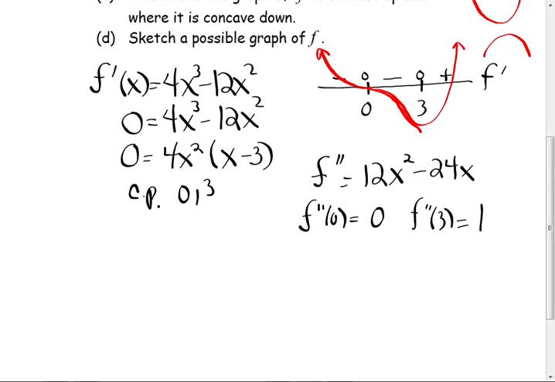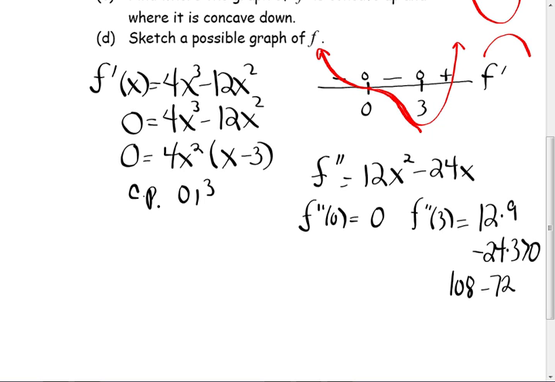That's equal to 12 times 9 minus 24 times 3. Is that positive or negative? It's positive. Do the arithmetic. 108 minus 72.